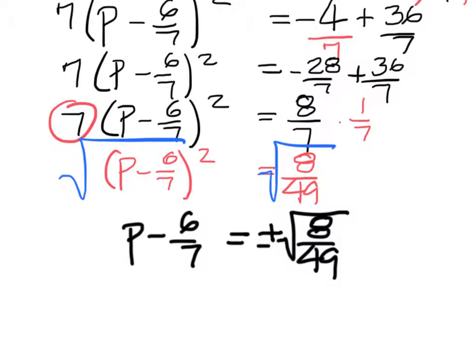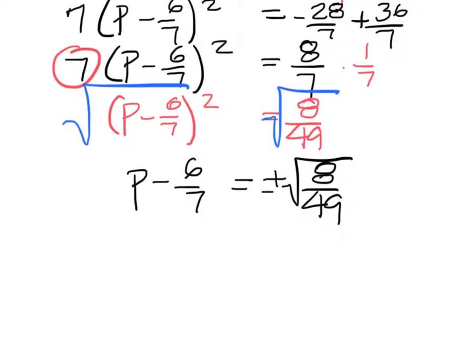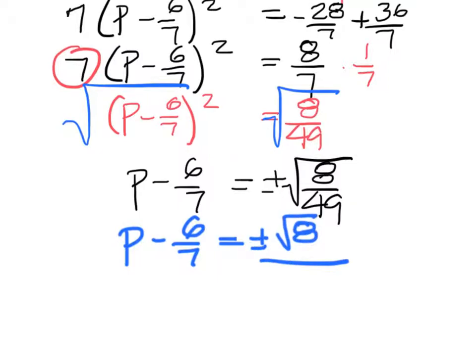Now you can write that like this. 8 is not a perfect square, so you can keep the square root symbol on top, but on the bottom 49 is a perfect square. Its square root is just 7.